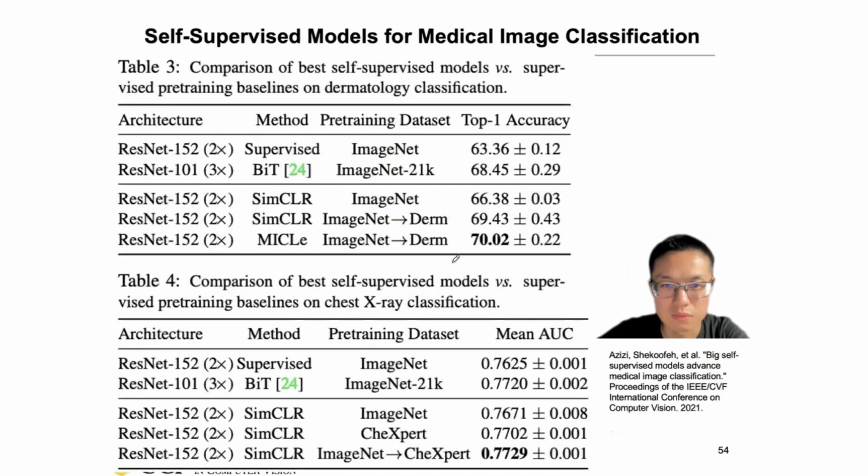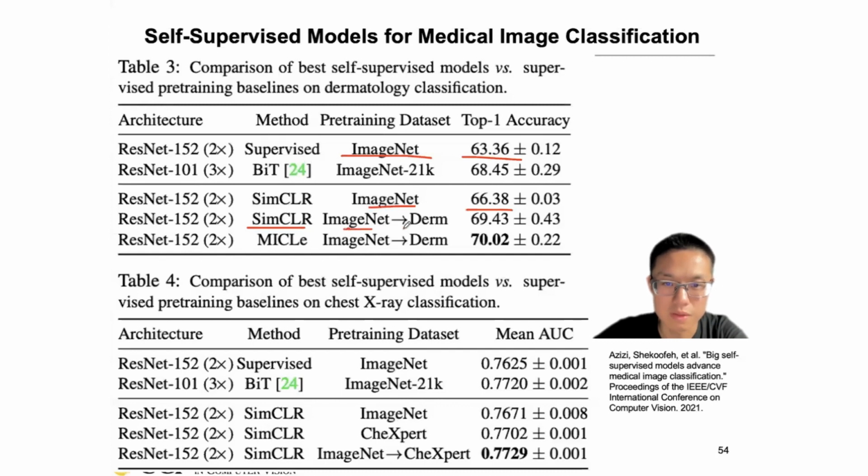And we can look at the result here, right? They are using this ResNet architecture. If they use the ImageNet pre-train and fine-tune on the dataset, they have this accuracy. But if they use this contrastive learning approach with ImageNet pre-training, you get a higher accuracy compared to the supervised one, right?